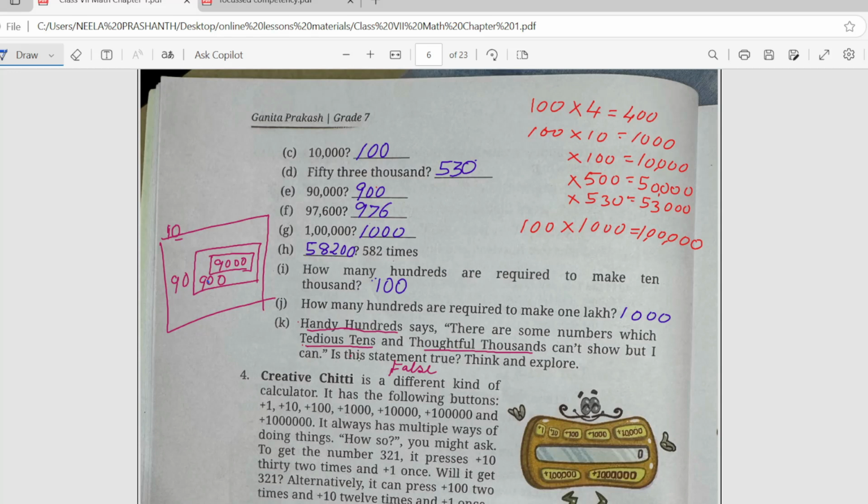Therefore, this statement is false. How is it false? Tedious Tens can show the numbers that Handy Hundreds can, whereas Thoughtful Thousands cannot show numbers which are shown by Handy Hundreds.